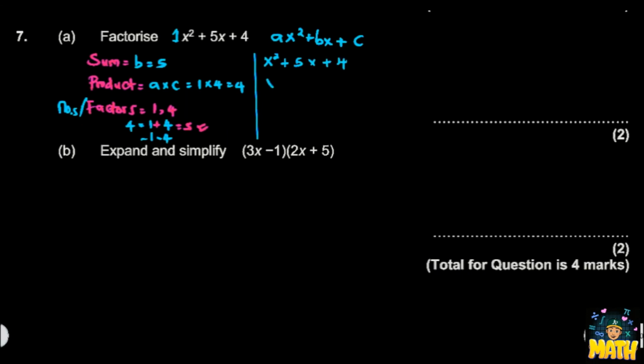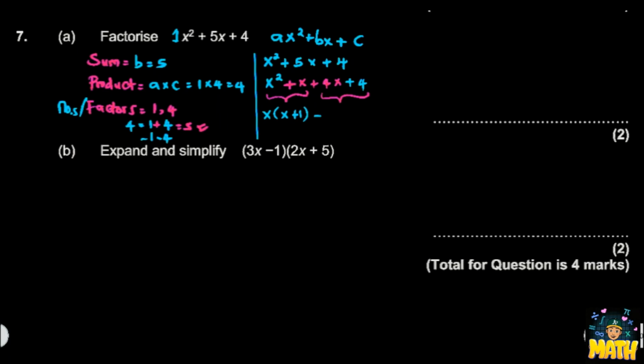So we're going to substitute the 1 and 4 in the place of 5x. So we are going to write x squared plus x plus 4x plus 4. Then pair each of those terms so that we find a common factor. So in the first one, x is common.